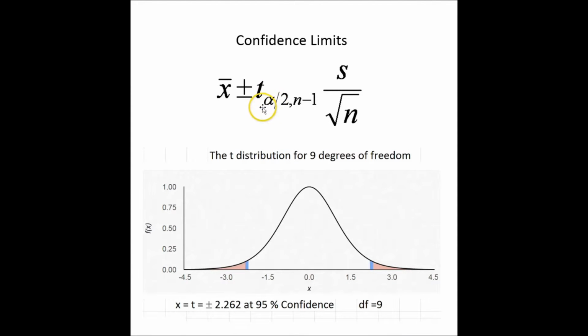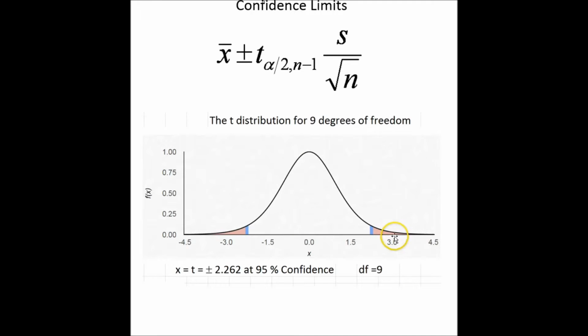Okay, so let's look at the t-distribution. Remember, t times s over the square root of n tells us what the confidence limits are. This is the t-distribution. It's a bell-shaped curve, but not a normal distribution. It's a little bit lower in the center, and it has bigger tails. Sorry about that, I got a phone call. But here's the t-distribution, a little bit shallower in the center and wider on the wings.